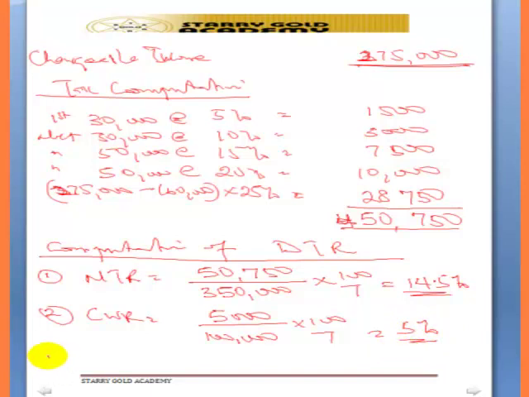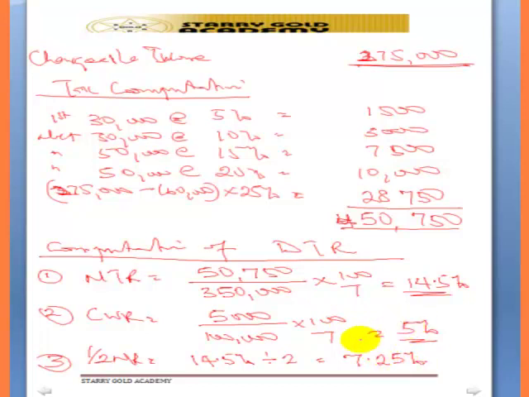So number 3, half of Nigerian rate. Half Nigerian rate will be 14.5% divided by 2, and that is 7.25%.